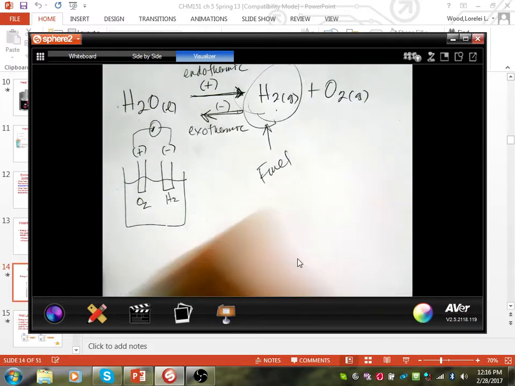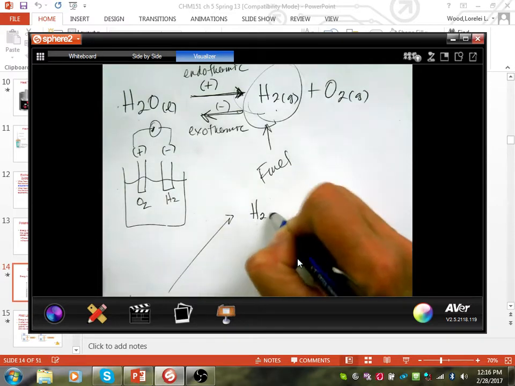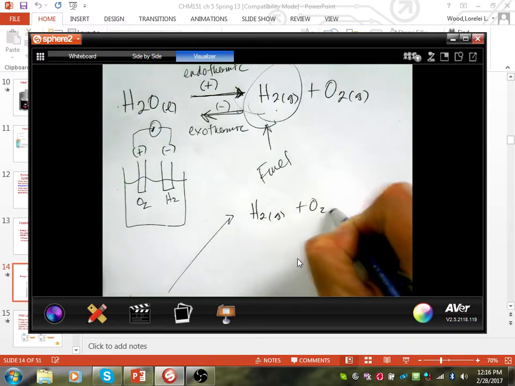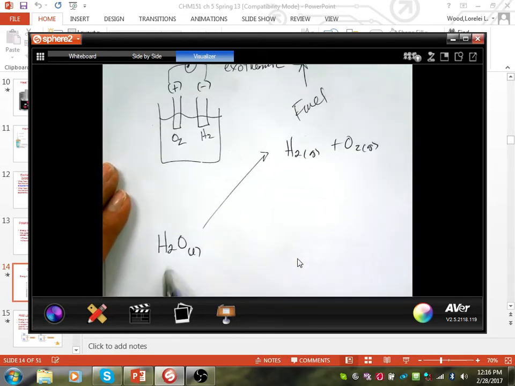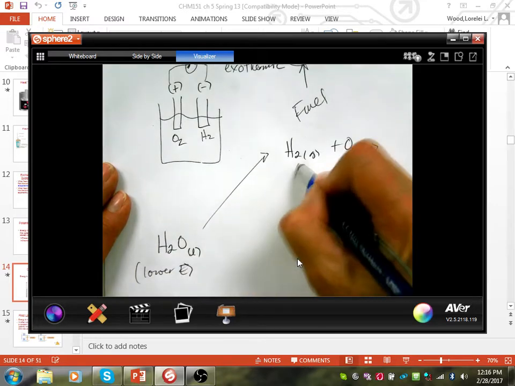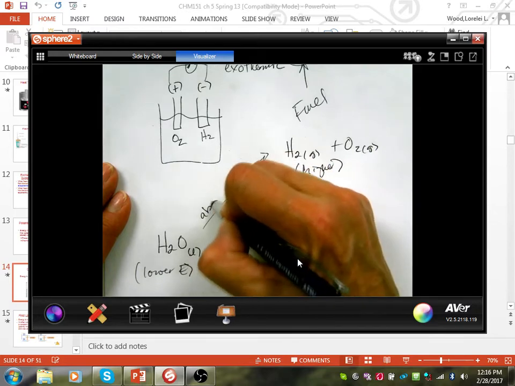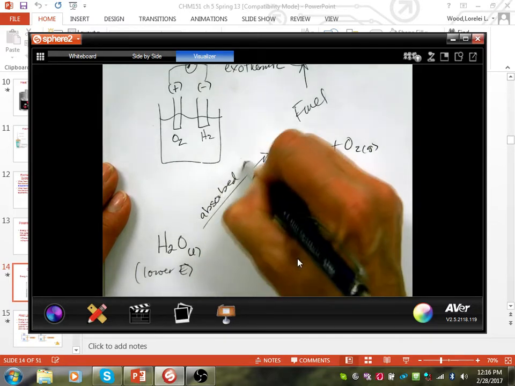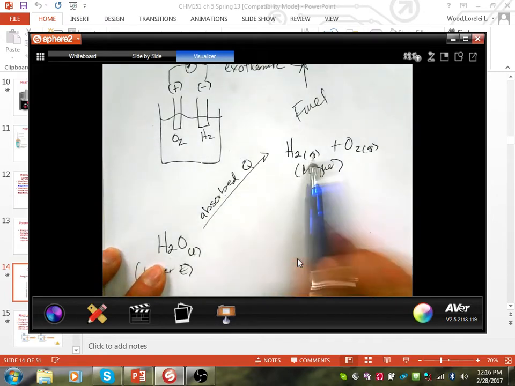The water is at a lower energy level, liquid, and the H2 and the O2 are at a higher energy level. So I start out at lower energy, and this is higher energy, because in this process, it has absorbed Q. So it's going from lower energy, you have to add some energy in to higher energy.